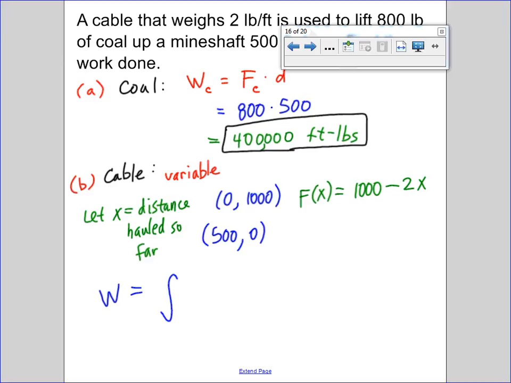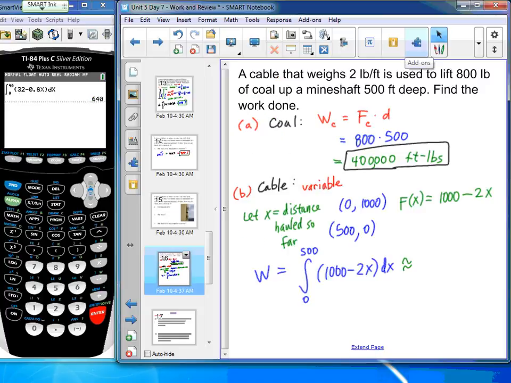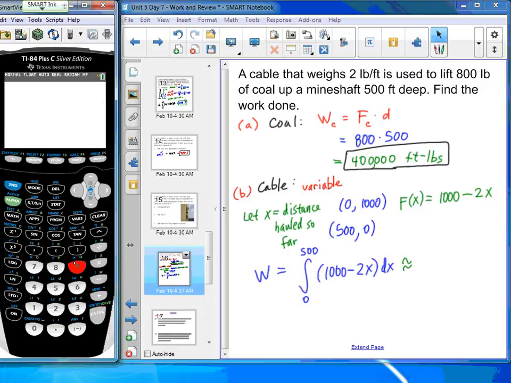From 0 feet hauled all the way through 500 feet hauled of my variable force function, 1,000 minus 2x dx. Again, this will be easy to integrate by hand, from 0 to 500, but Math 9 is so much fun.